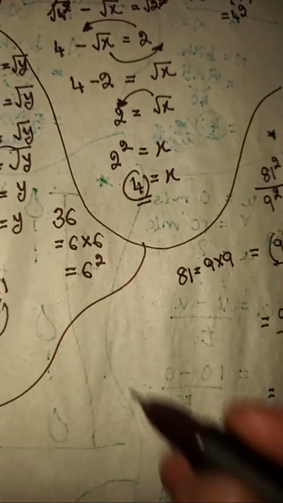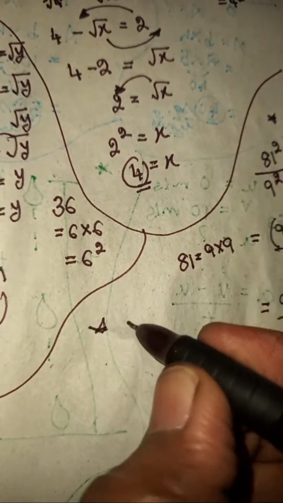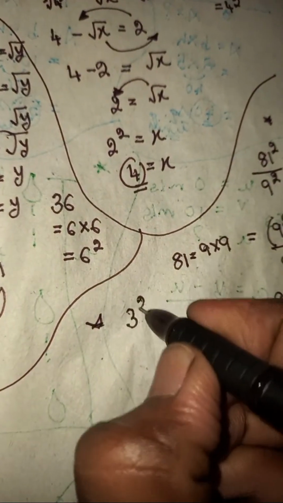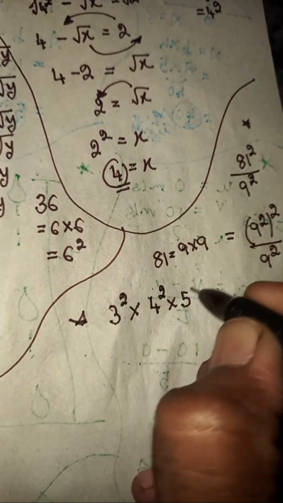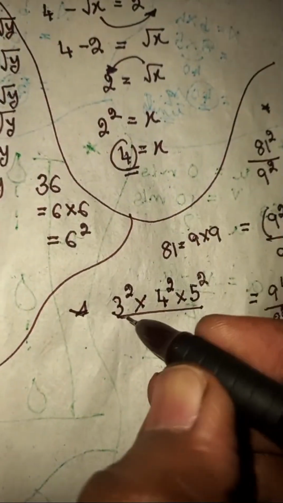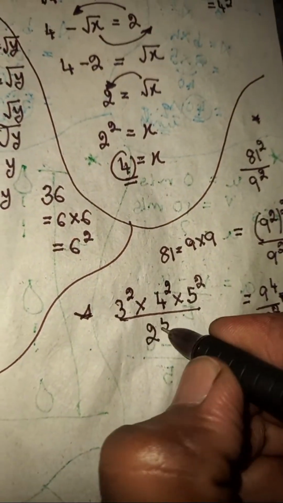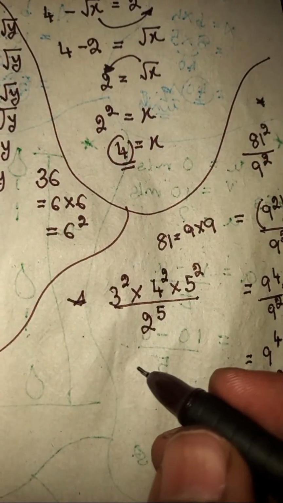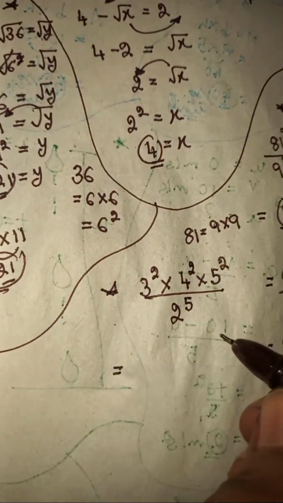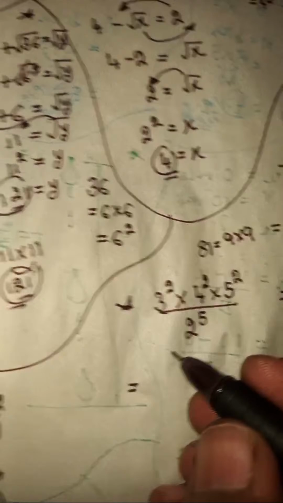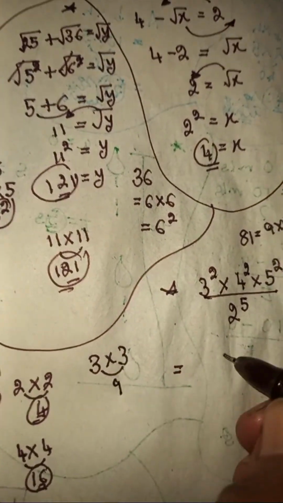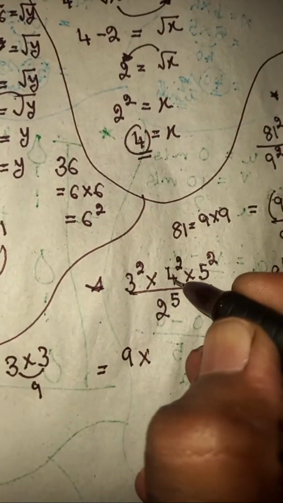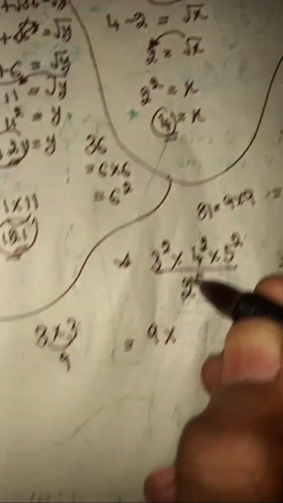Let's take one more problem. Here you can take it as 3 square times 4 square times 5 square by 2 power of 5. You need to simplify this one. Let's do step by step. 3 square is equal to 3 times 3, 9. And 4 square, don't get it out because you can simplify it.